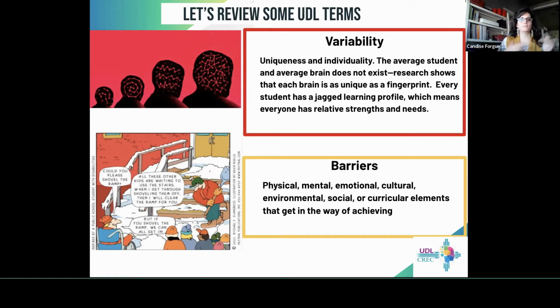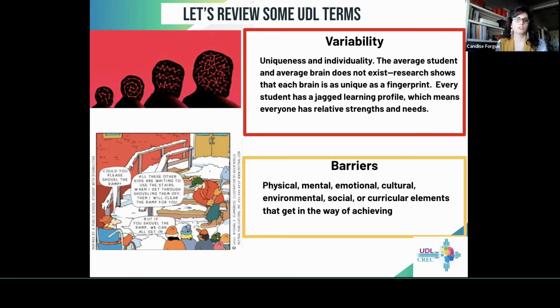And so planning for their variability and their individuality, as we saw with Todd Rose's video, everybody is so unique, and average and normal should not even be words that we use in our schools. If we just realize that we all have special qualities and we all have strengths and some weakened areas, then we can plan for all of our students in that way.